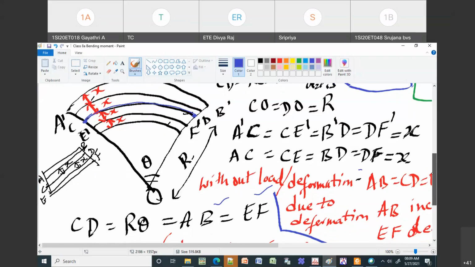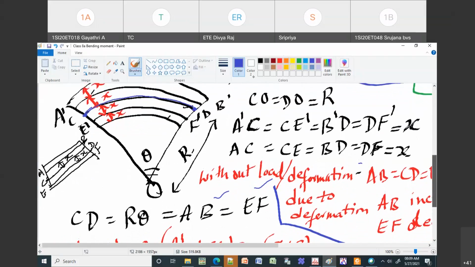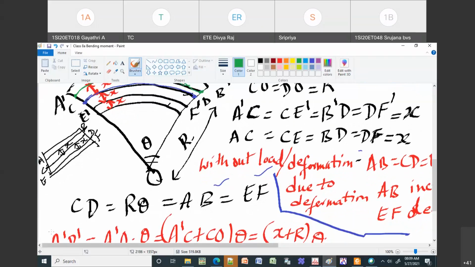Then you are going to take the length of your next layer, which is A dash B dash. If I want to know the length of A dash B dash, again I am going to use the same geometry, and I will write this A dash B dash here. Okay. So this is your A dash B dash. A dash B dash is A dash O, or you can take B dash O, into theta.